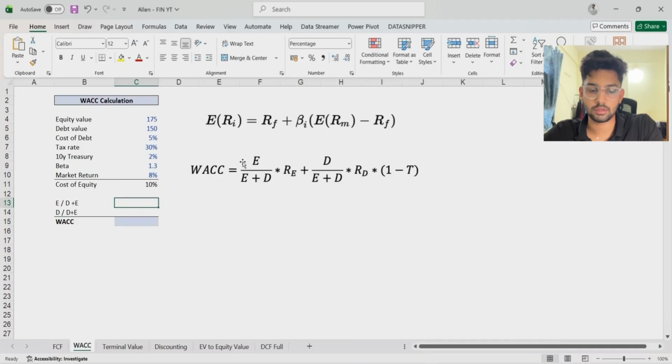Now we will calculate the WACC. As we can see the formula.